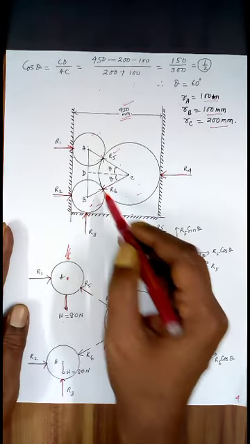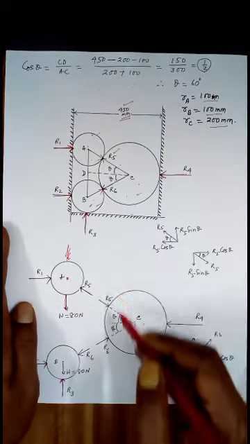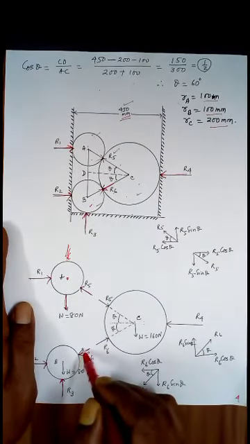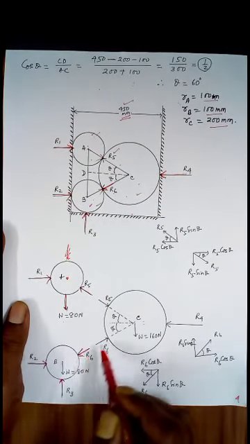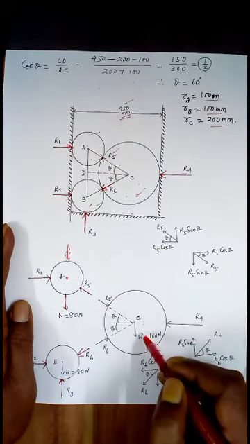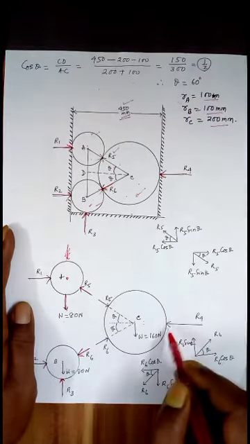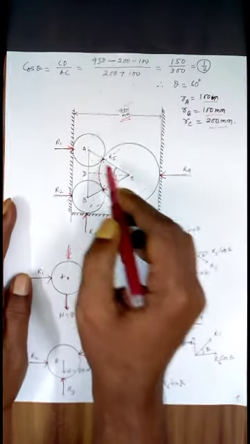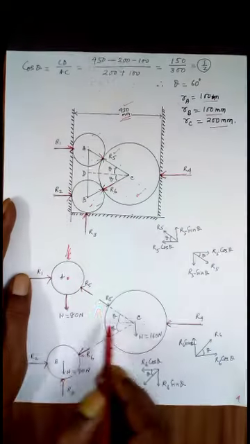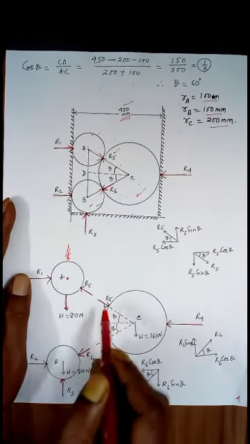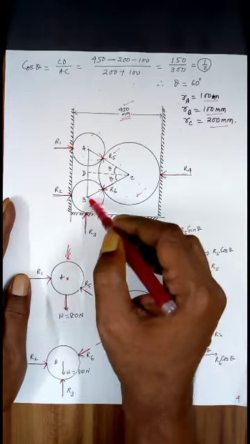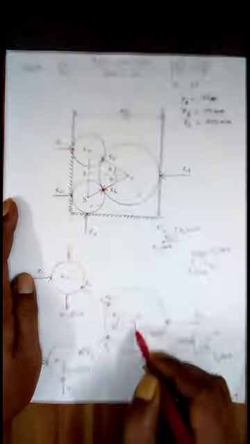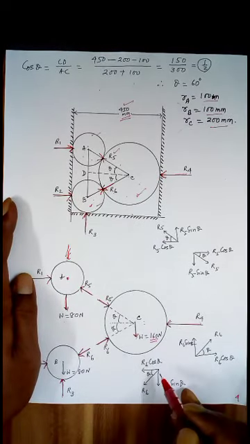At this point of contact, this one is applying a reaction force R6. Then I bring this one here. Now this point is the same thing as this, the reaction force is R4. At this point, this sphere is applying a reaction force to this side, R5. At this point, this cylinder is applying a reaction force to this side, and again its weight is given as 160 Newton.